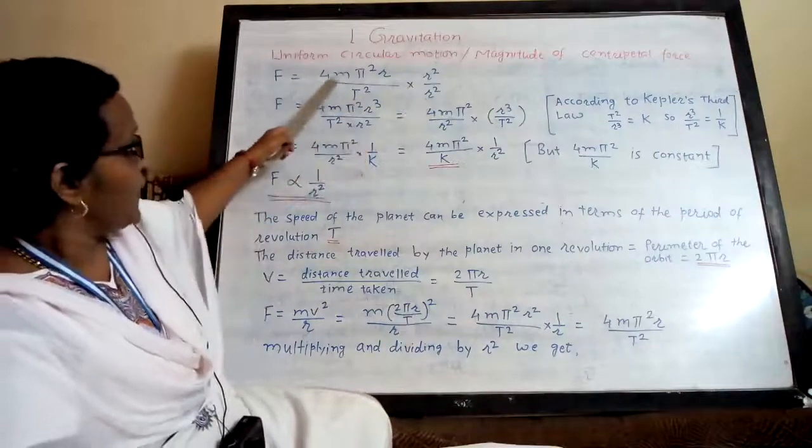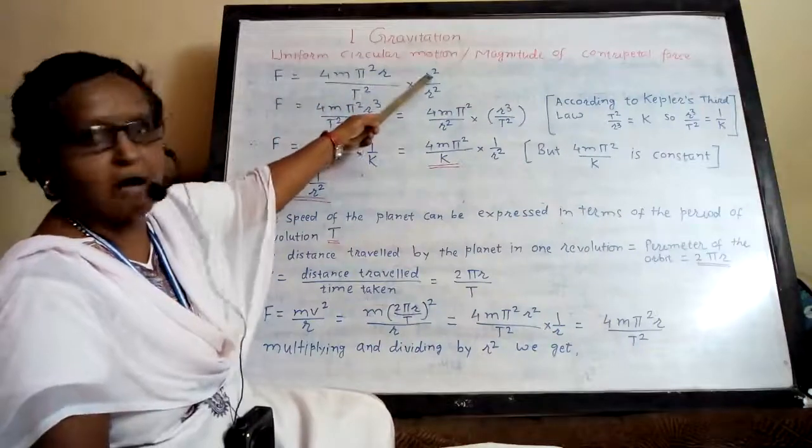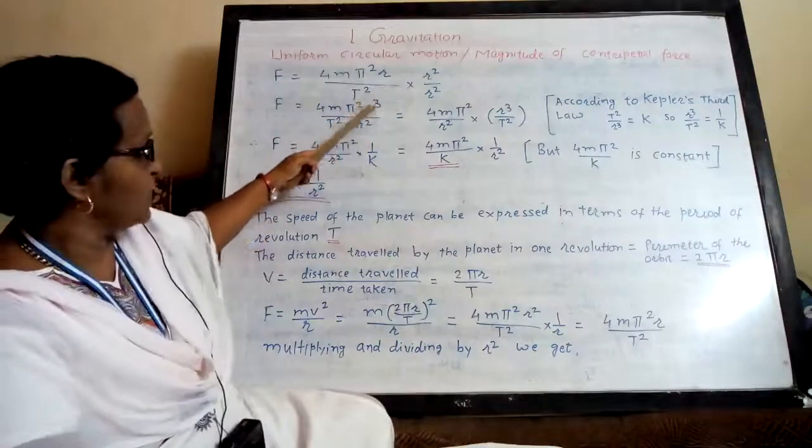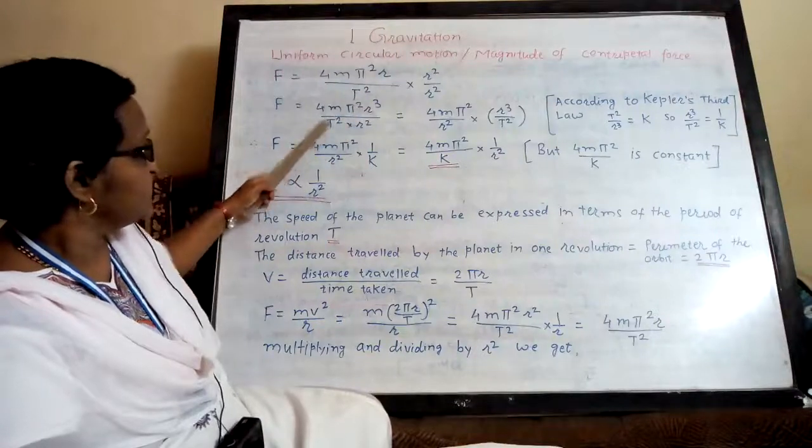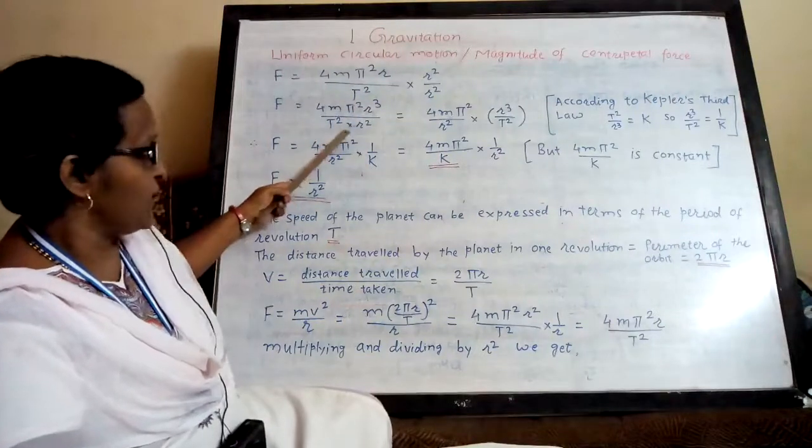Then 4m pi squared r into r squared, that is r cubed, and t squared multiplied by r squared.